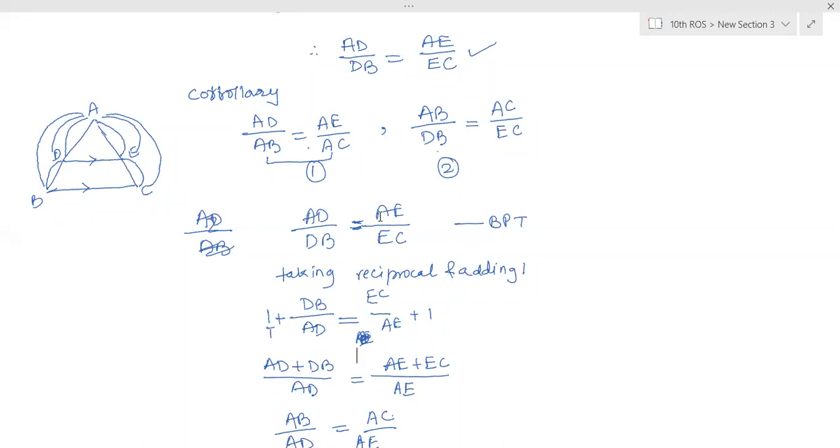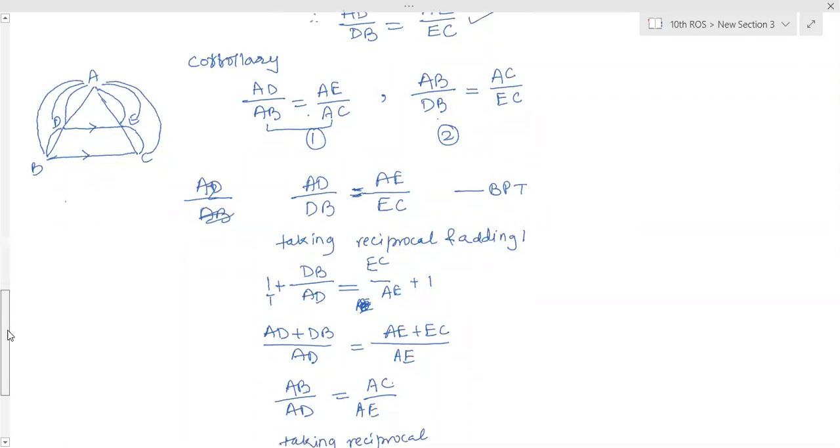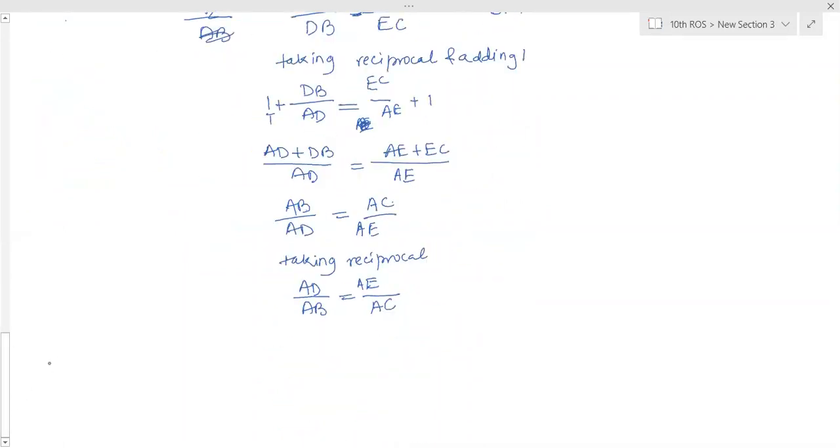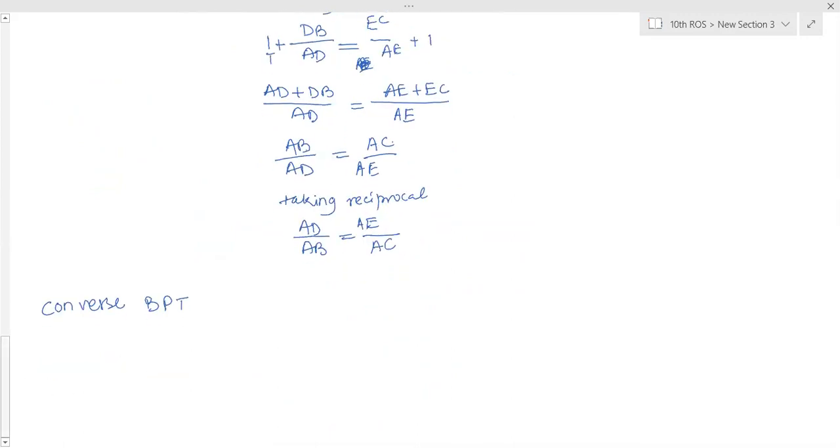There is a converse also. Converse BPT is also there. We are not supposed to prove it.